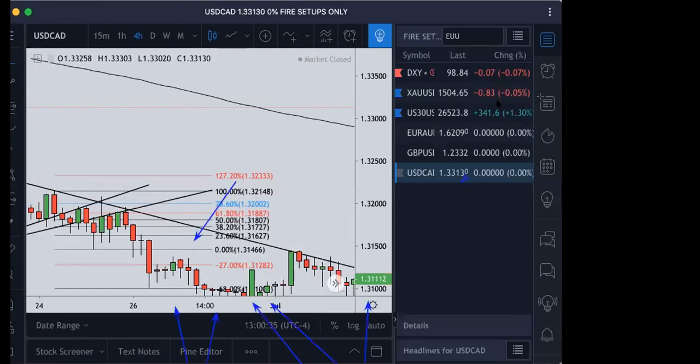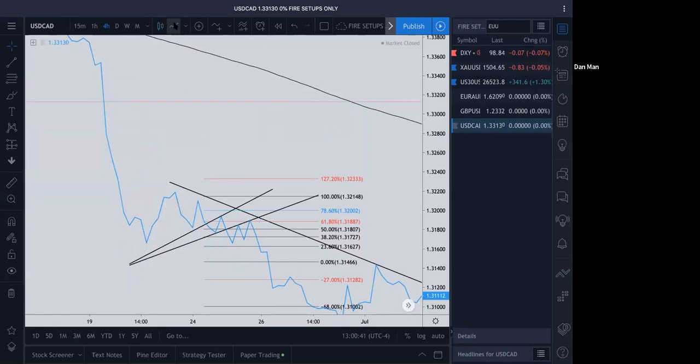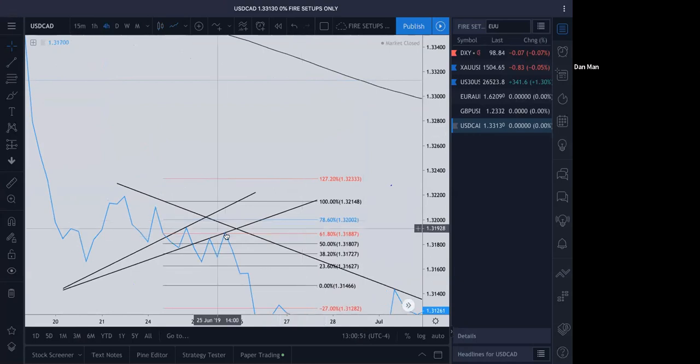Line chart. Oh, the line chart. Yeah, let's go on the line chart. And let's try to find the closest to 61.80. The closest point to 61.8 is right here, in the look left.